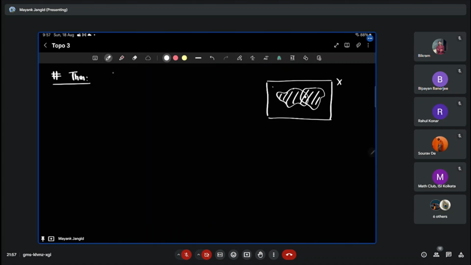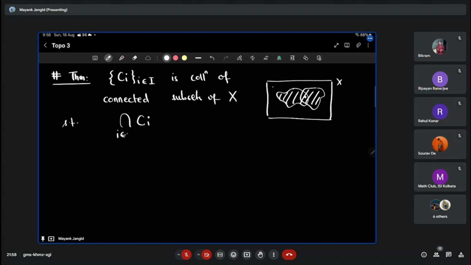So the theorem is, if we have a collection of connected subsets Ci, i in some indexing set I, of X, where X is a topological space, such that they have non-empty intersection, then we must have their union is also connected.